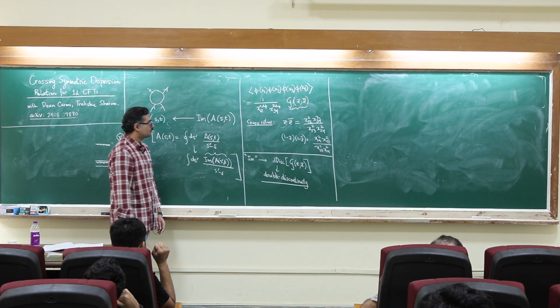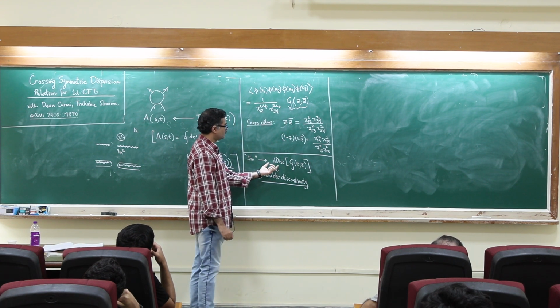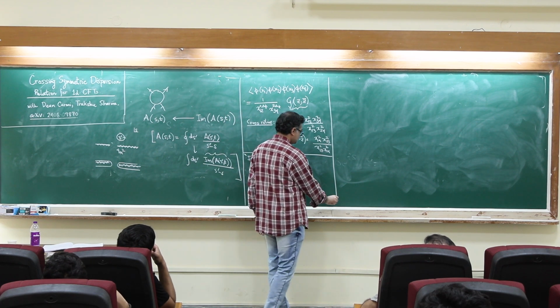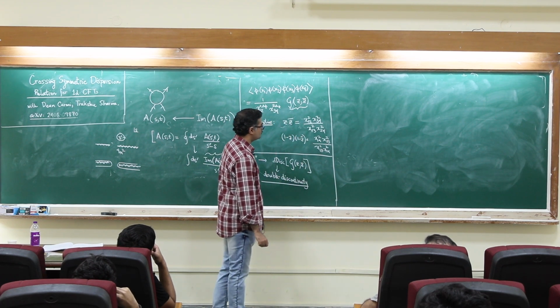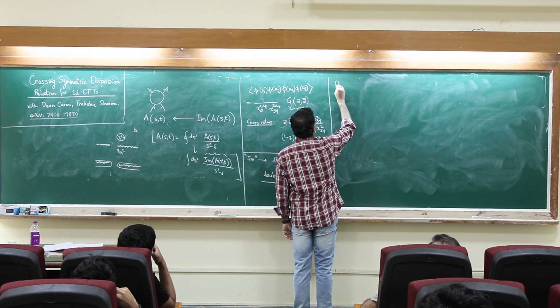So then the question is, what is the dispersion relation where this object is the input? This question was answered a few years ago by Dean Carmi and by Simon Caron-Huot.